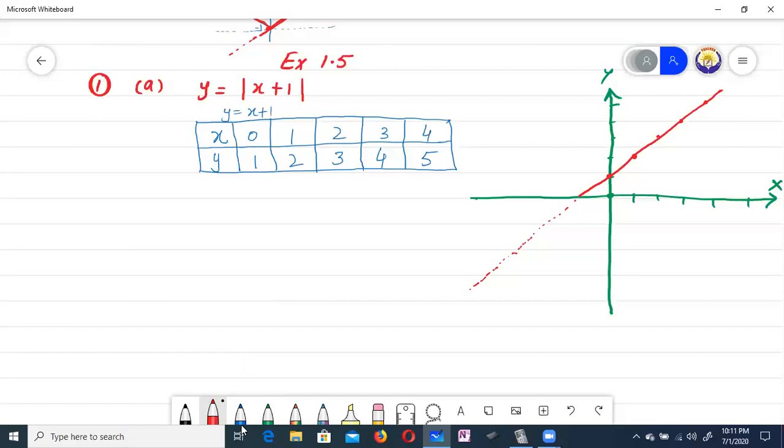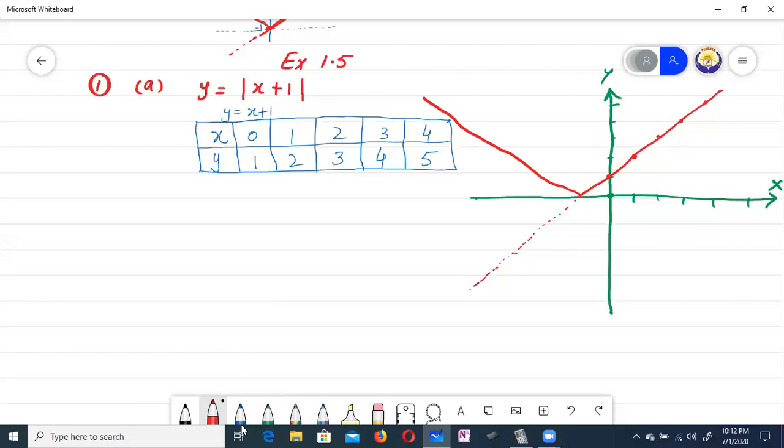That image will be like this, just the mirror image along the x-axis. This is not accurate. This will be like this. This line is not straight, but you can use a ruler to make it straight. This is the straight line. This is the graph.